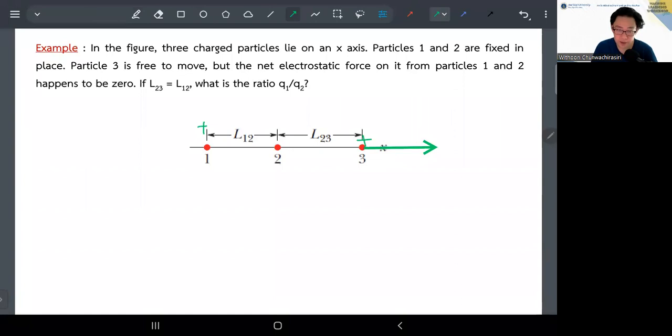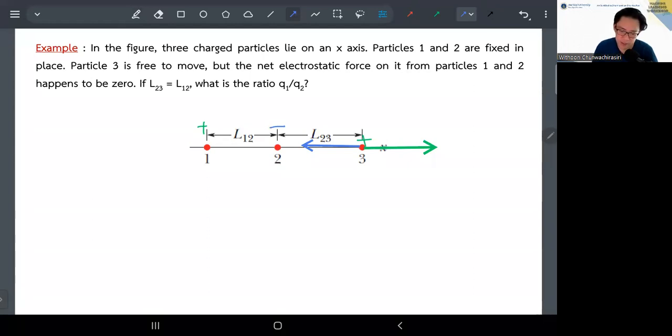Okay, follow this, yeah? And now because you want another force to cancel this one, you want a force that is pointing to your left. That forces charge number 2 to be a negative charge. And that will lead you to an attractive force due to charge number 2 to your left side. Does that make sense? All right.